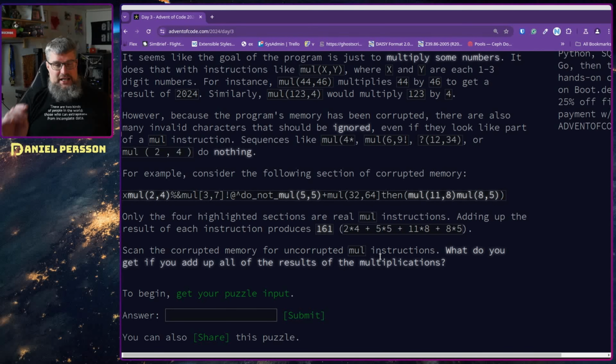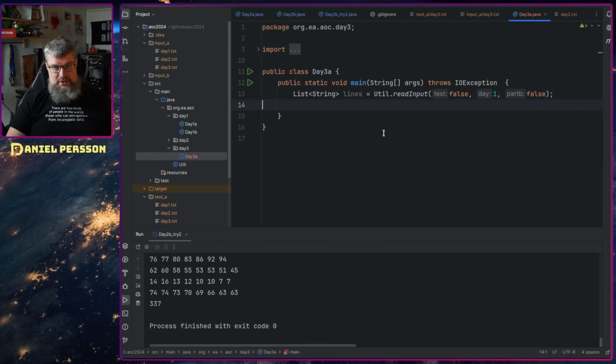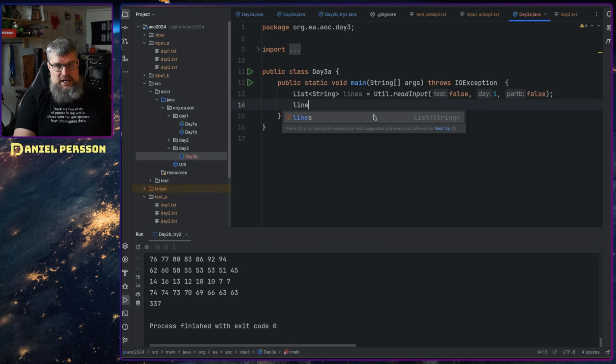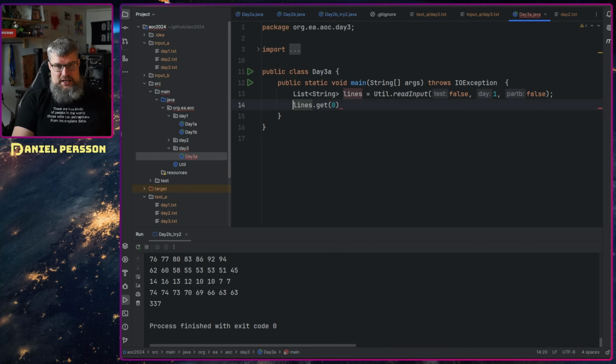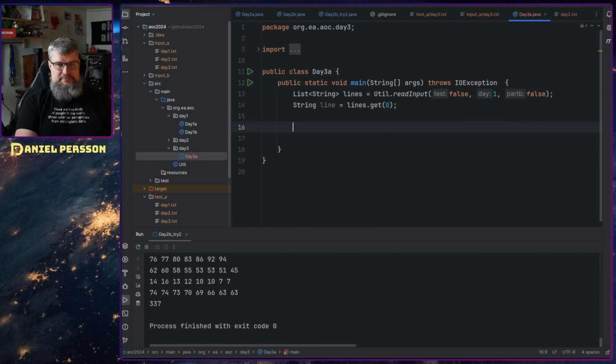I think that in this case, a very simple pattern matching would be in order. So I've prepared already here. Let's take this, and I think there will only be one line. So for a string line, we need to have a pattern.